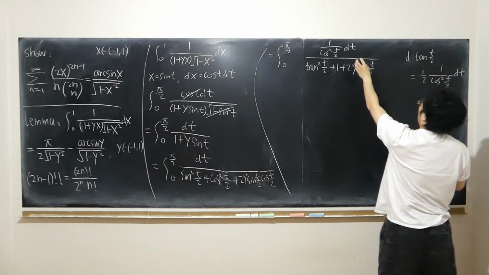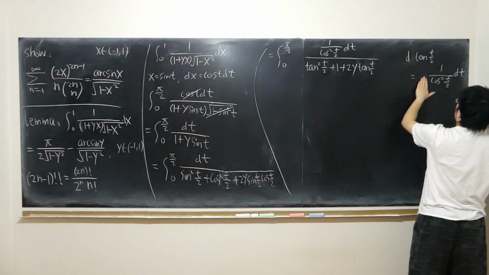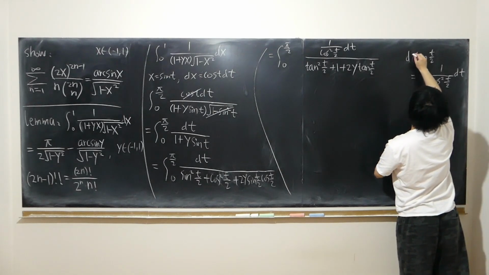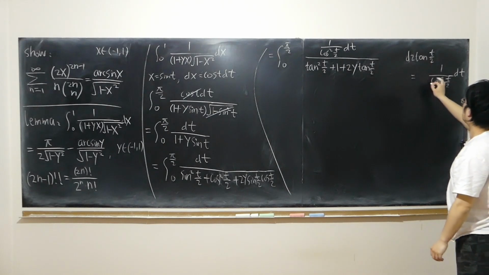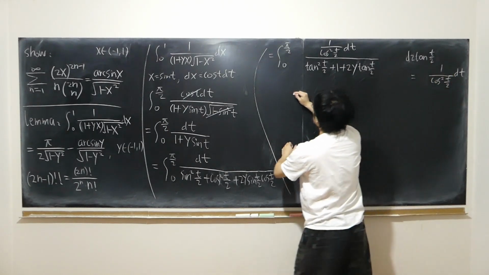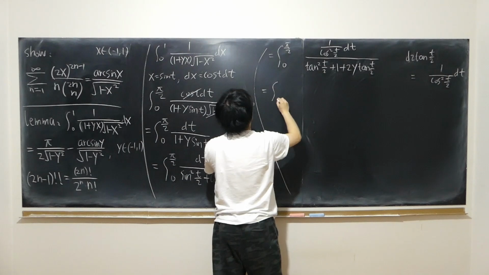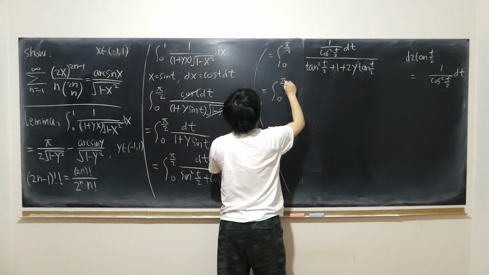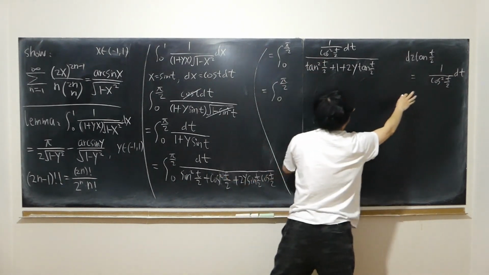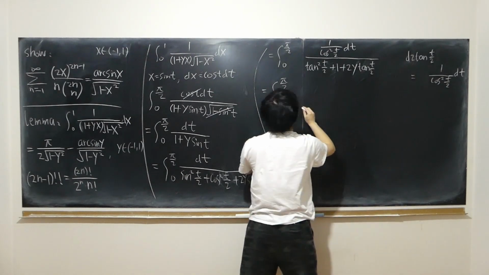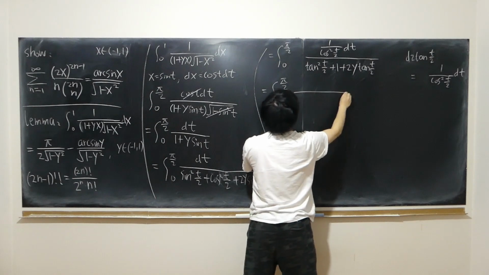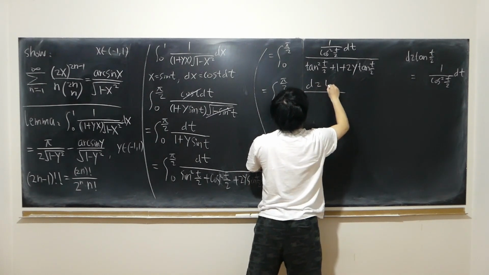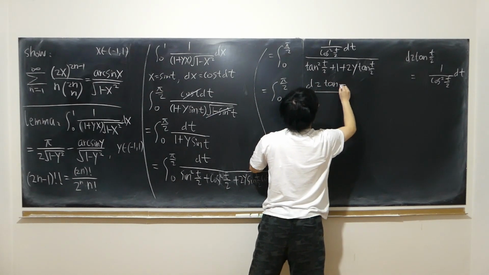So the top can become, times 2 on both sides, 2 times d of tangent half t.